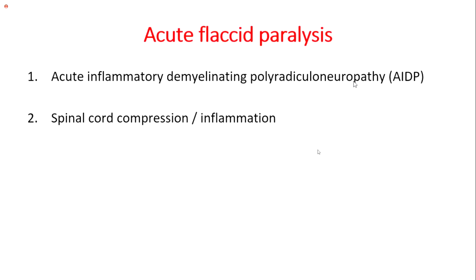Now, you may recall that we discussed in non-compressive myelopathy about spinal cord inflammation, and then Dr. Stravinsky spoke to you about compressive lesions of the spinal cord. Now, in a spinal cord lesion, we usually expect spastic paralysis or paraparesis. Can someone explain why would a patient get flaccid paralysis with a spinal cord lesion?